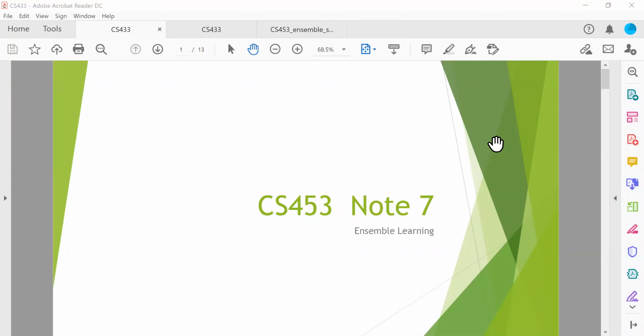Okay, so today we will have a new topic. We are going to discuss ensemble learning. Previously, what we discussed is just some single learning algorithm, and with ensemble, you can combine multiple learning algorithms together.